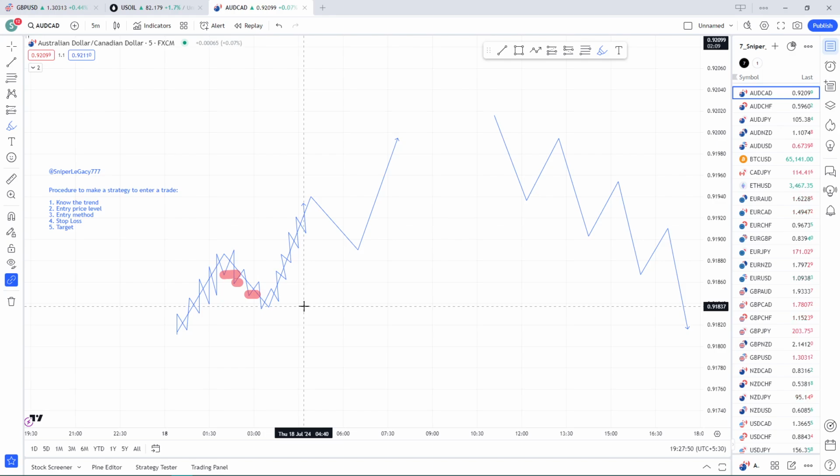There are so many entry methods available on the internet. So based on our risk appetite and the kind of trading strategy that we are building, we need to define the kind of entry that we need to do.